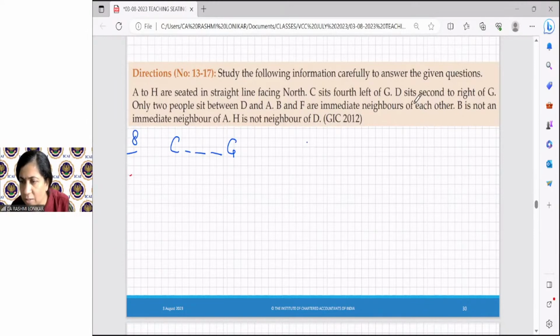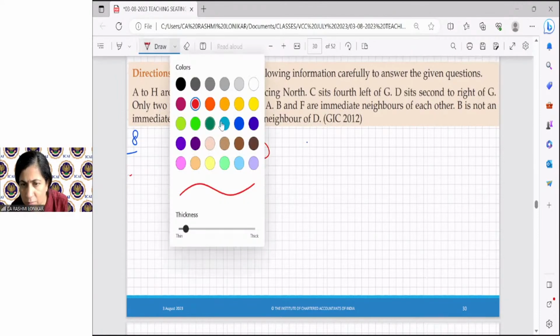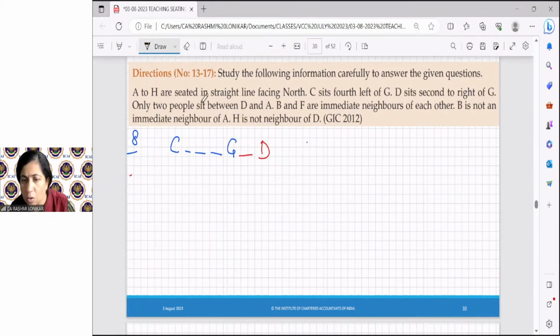So G is here, this is its right side. 1, 2. So who is sitting here? D. Only two people sit between D and A. So D is here. 1, 2. So here A will lie.